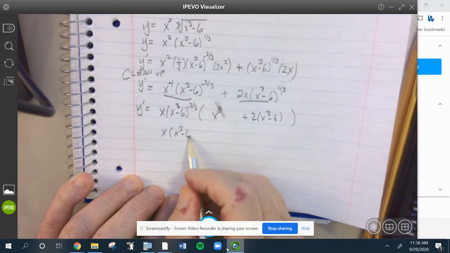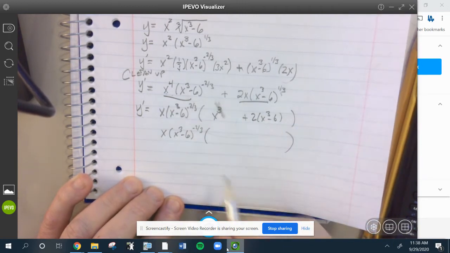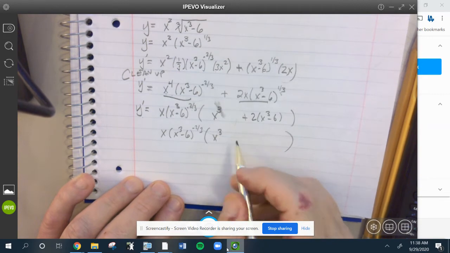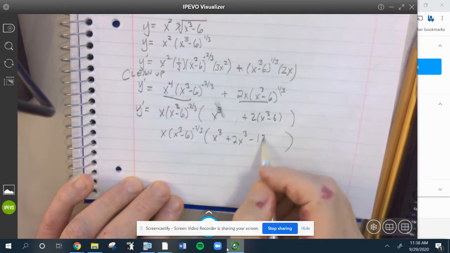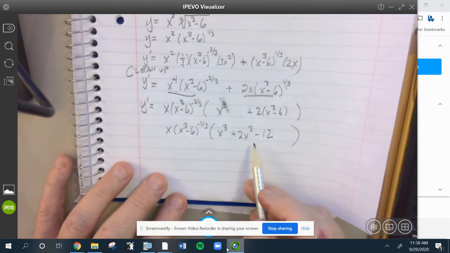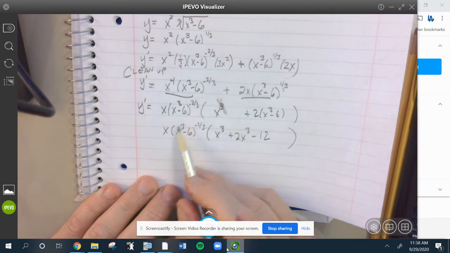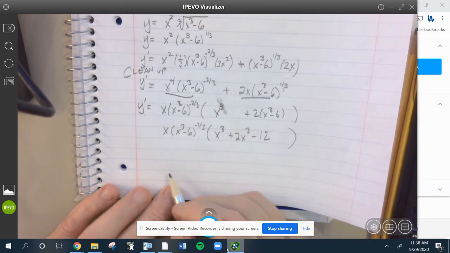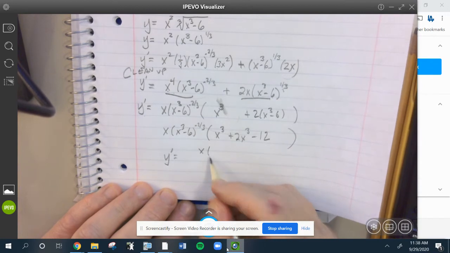So now I'm going to go ahead and simplify everything in here by distributing that 2 and then combining. I'm going to bring the x cubed minus 6 to the negative 2/3 to the bottom, and hopefully I'll have a final derivative.